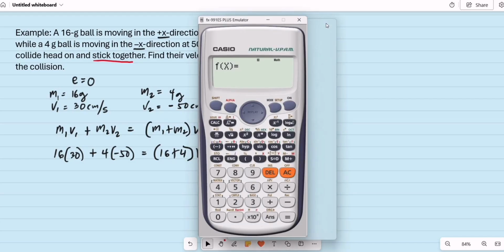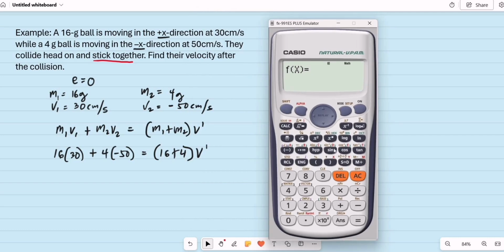So computing for their velocity, we have 16 multiplied by 30, minus 4 times 50, to be divided by 16 plus 4, or 20. So we have a positive value.